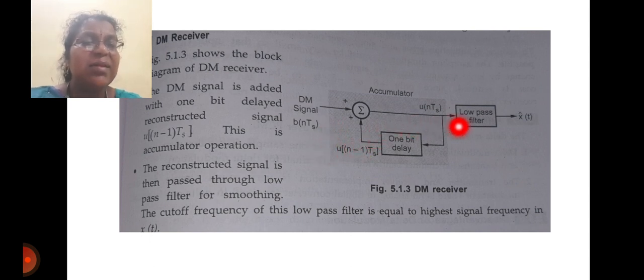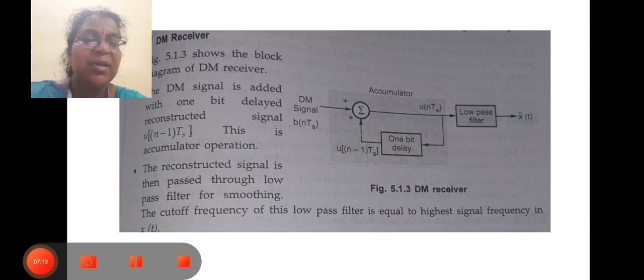The reconstructed signal u(nTs) is then passed through a low pass filter for smoothing. The cutoff frequency of the low pass filter is equal to the highest signal frequency in x(t). So this is the diagram of a delta modulation receiver.